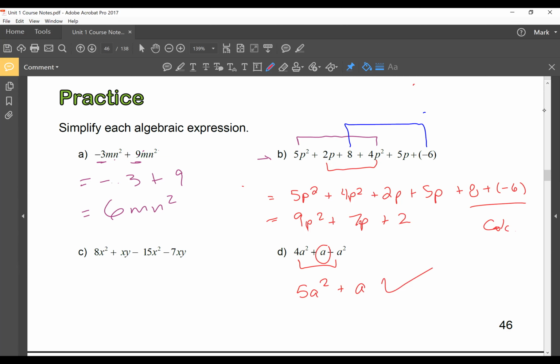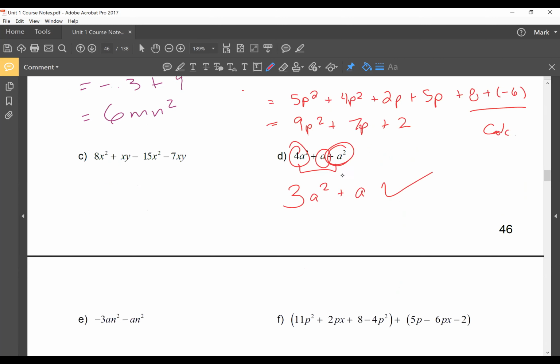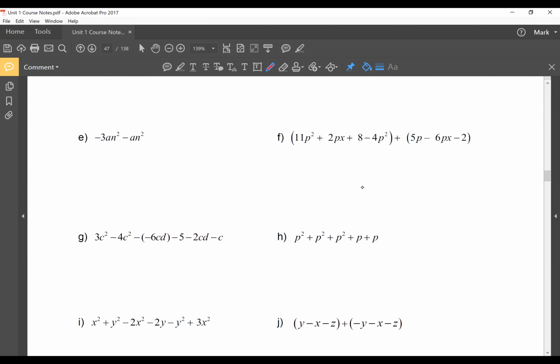But make sure you don't delete anything, like don't erase any of these variables just because they don't have a partner. Sorry, tired today. 4a squared minus a squared is 3a squared. There we go. I'm just waking up. I've been up for a while, but it's hard to get my brain going. So why don't you guys try a couple of these?